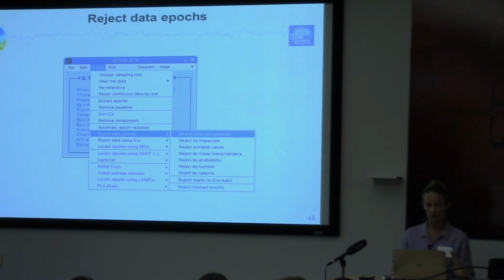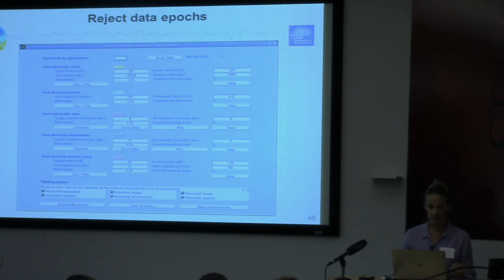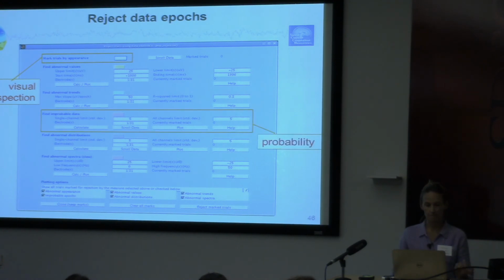You can also use some automatic rejection tools that we have. In reject data epochs here, all methods will give you a GUI with all of these included. So that looks like this. We've already looked at how to do visual inspection. There are 5 different tests here.